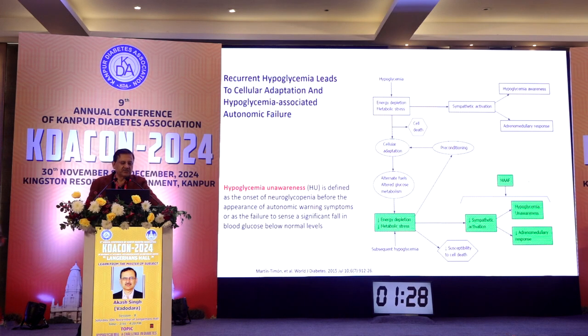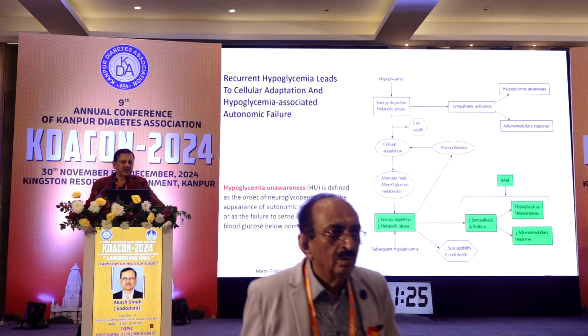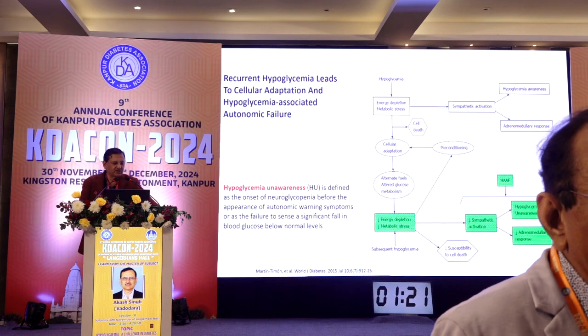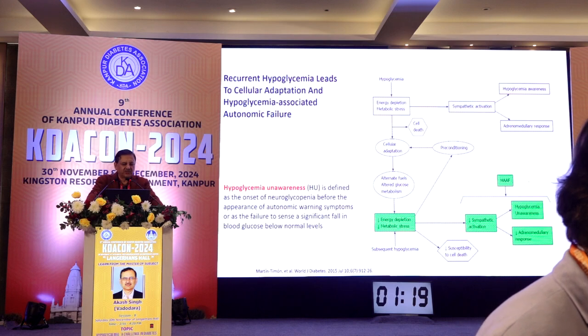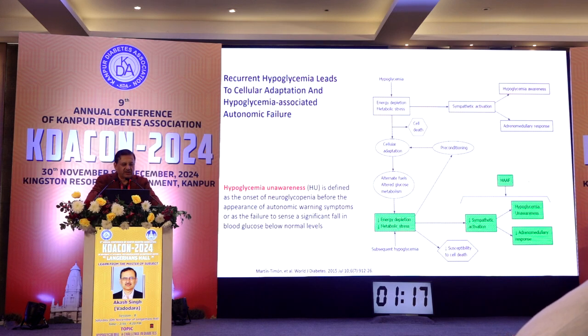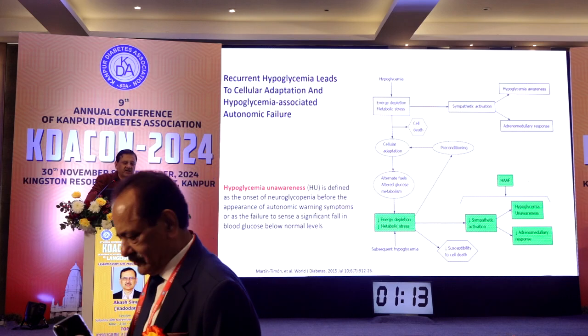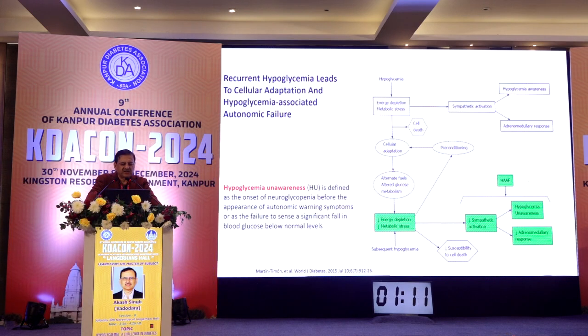Now, recurrent hypoglycemia leads to cellular adaptation and hypoglycemia-associated autonomic failure. Once this occurs, the autonomic symptoms are not there, and the patient will lapse directly into neuroglycopenic symptoms, which is not desirable. Once the patient develops HAAF, the best strategy is to bring the blood sugars up to normal levels or a little more than normal, and keep them there for at least 2 to 3 weeks.